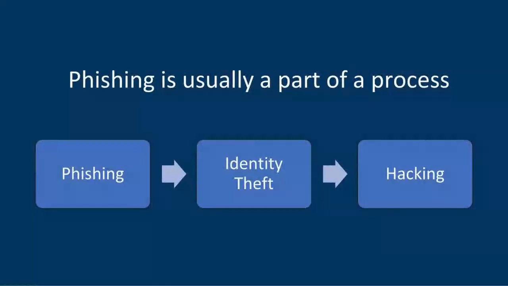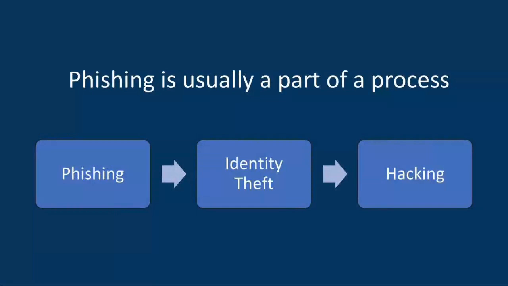Phishing is a part of a process or system. It's a means to an end. So we've been talking about identity theft. Phishing would be a way to steal someone's identity and then hack into a system. Doesn't always have to be that way. You know, I guess it actually does.